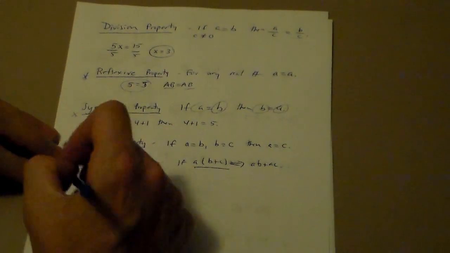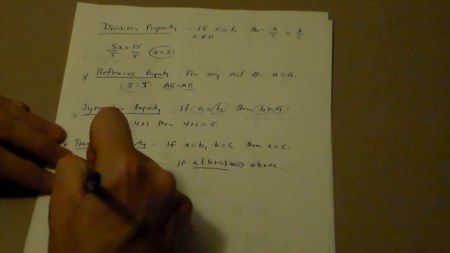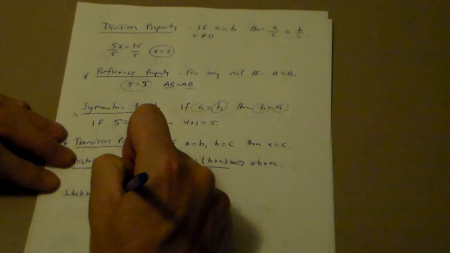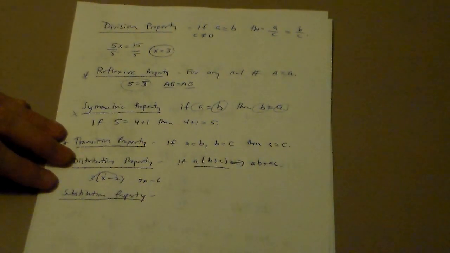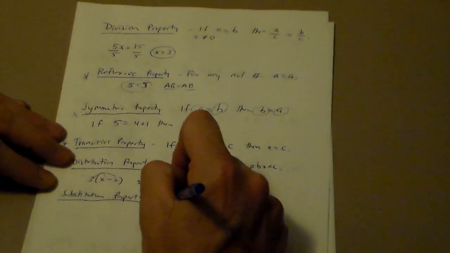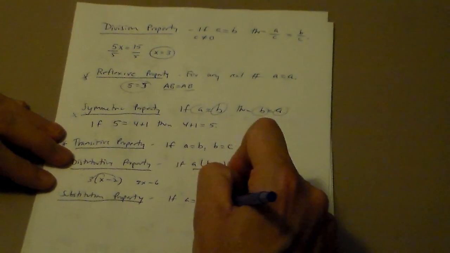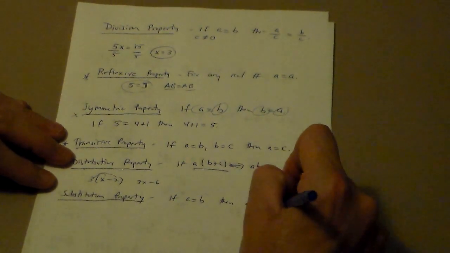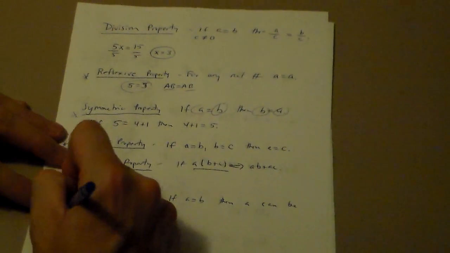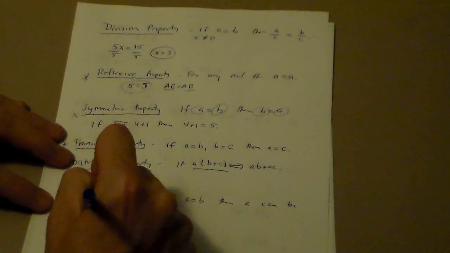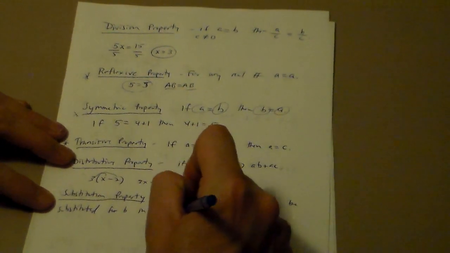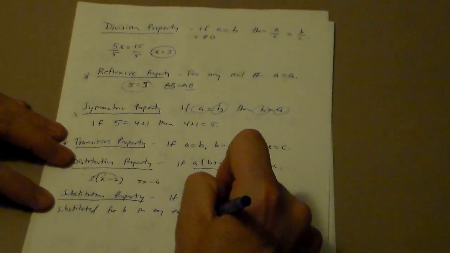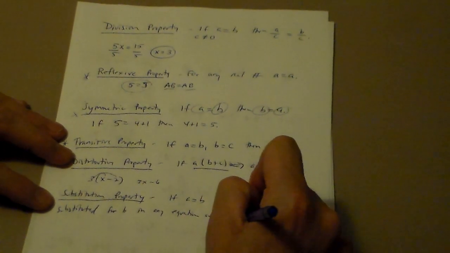Okay? There's one that isn't as well known, it's the substitution property. Not as used as much, but it says something like, if A equals B, then A can be substituted for B in any equation or expression.